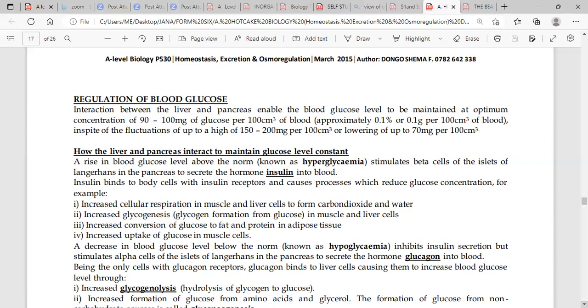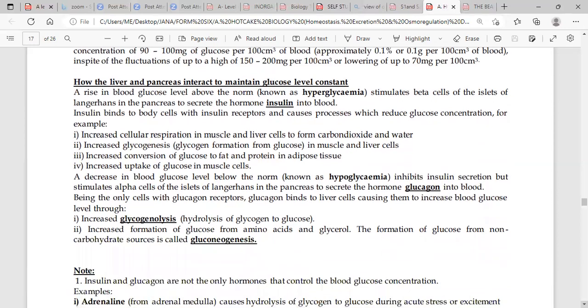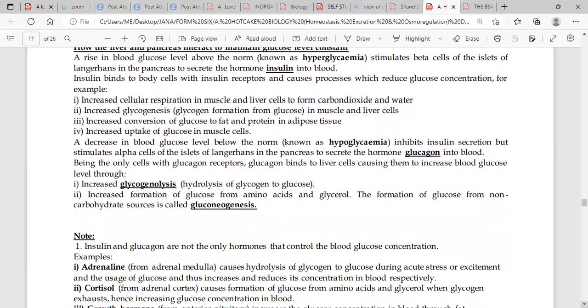Being the only cells with glucagon receptors, glucagon binds to the liver cells, causing them to increase blood glucose level through the following. Insulin was reducing blood glucose levels, whereas glucagon will be increasing the blood glucose levels through the following ways: there is increased glycogenolysis, that is hydrolysis of glycogen to glucose.